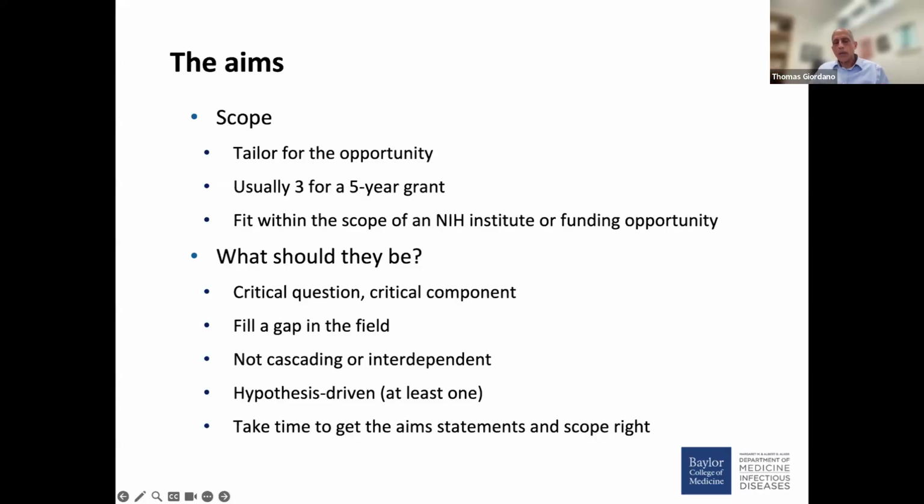That's probably okay. But if it's a hypothesis-driven aim 1 and your hypothesis is not proven to be correct, make sure your other aims are still important and doable.